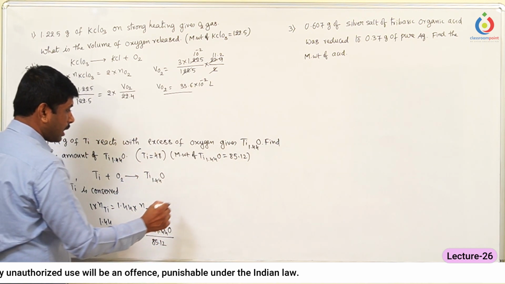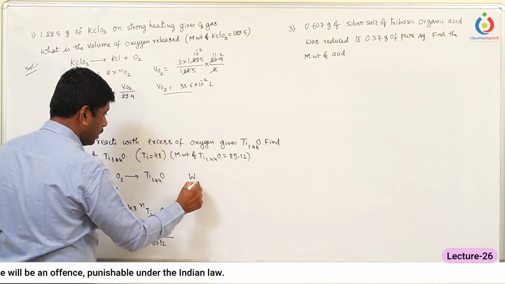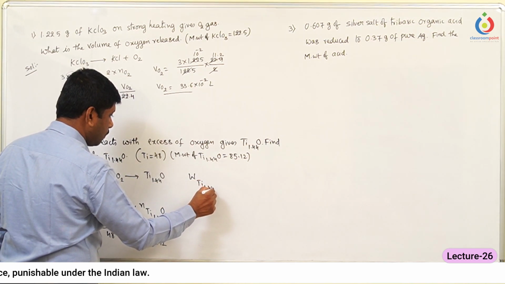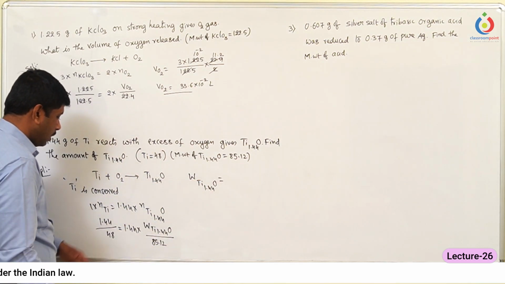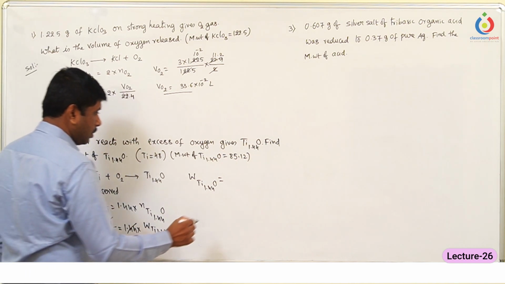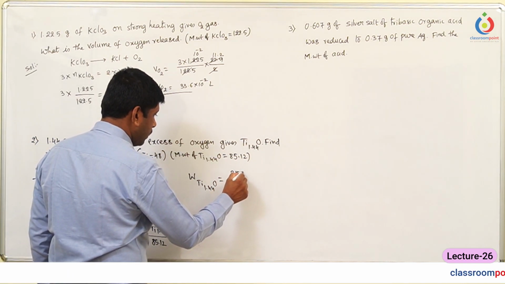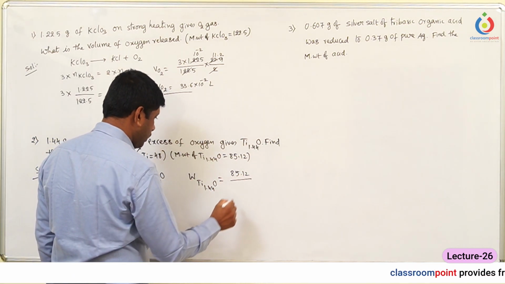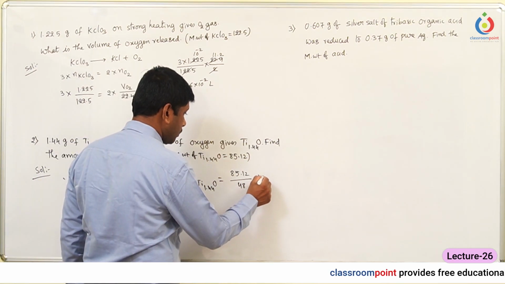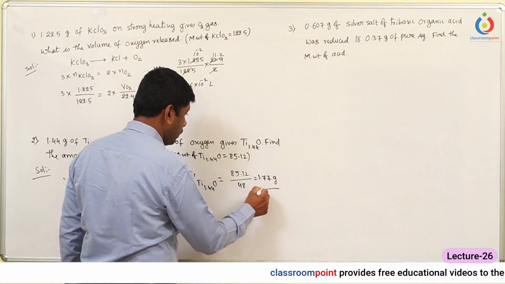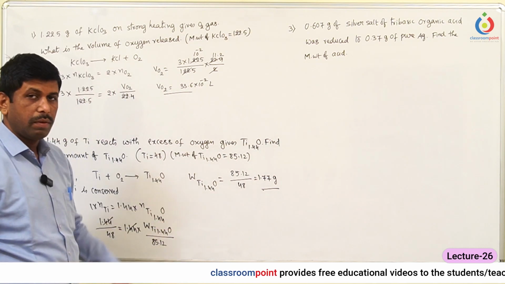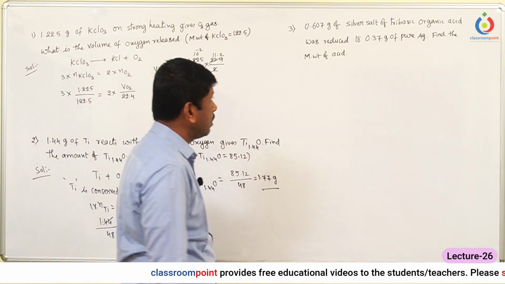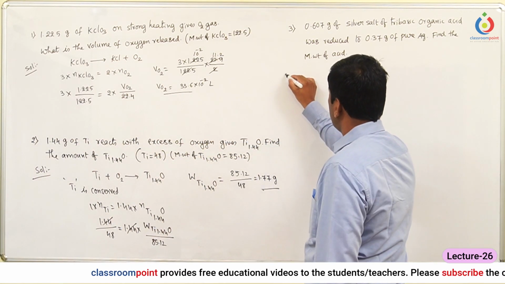So we can calculate that. Weight of Ti1.44O is equal to, then cross multiplication, 85.12 divided by, so that is the mass of the titanium non-stoichiometric oxide compound.